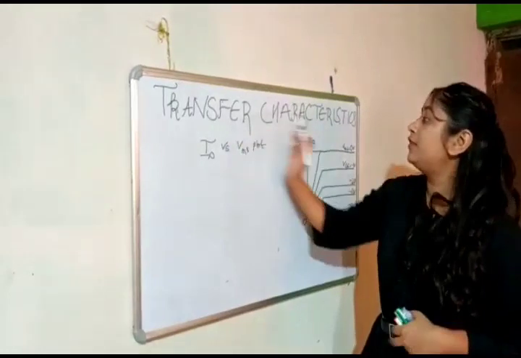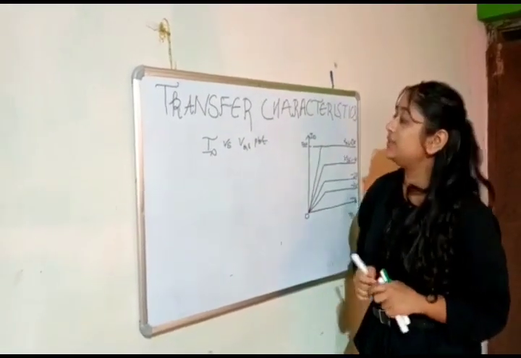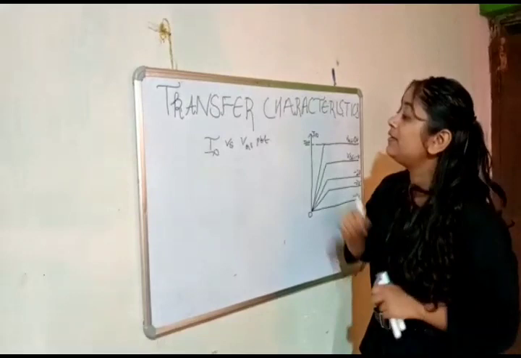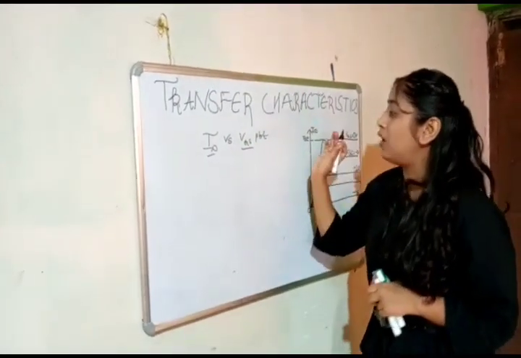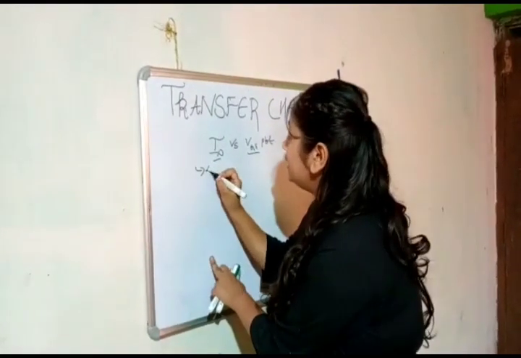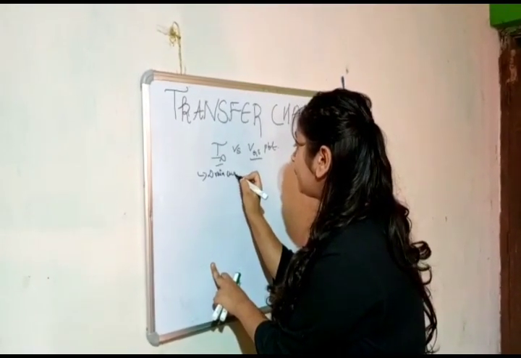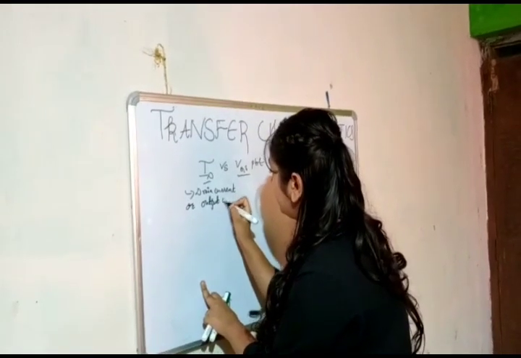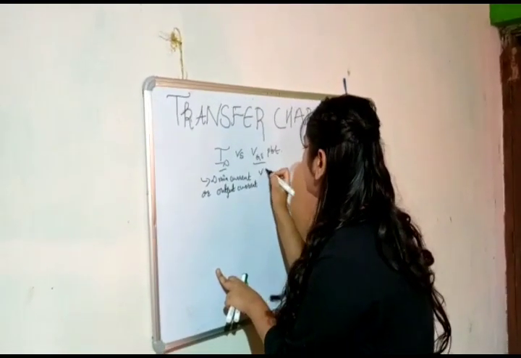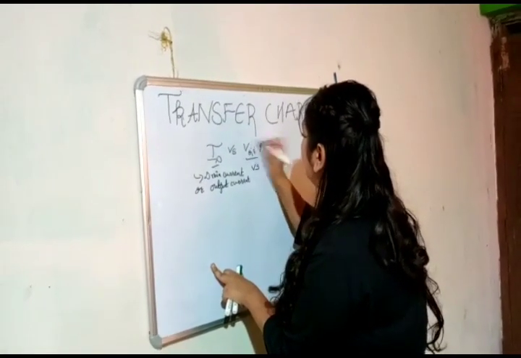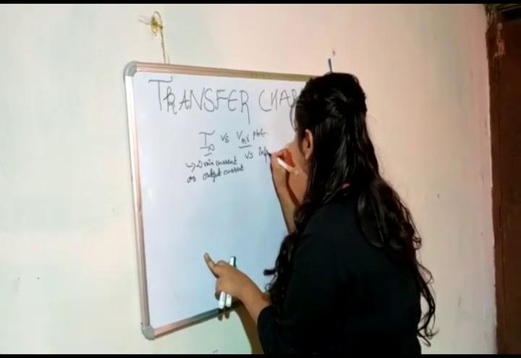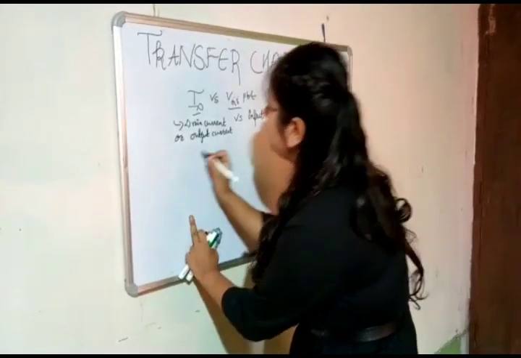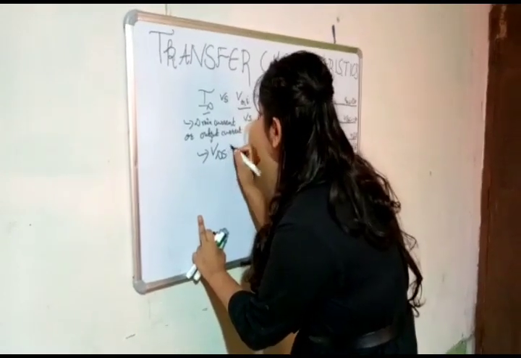Now we will see the transfer characteristic. The first question that arises here is, what is the transfer characteristic? Transfer characteristic is the ID versus VGS plot, that is, drain current or output current versus gate to source voltage, which is the input voltage, keeping VDS constant.